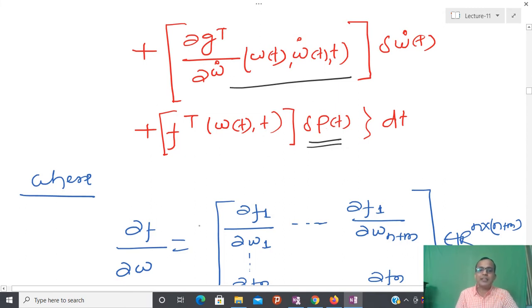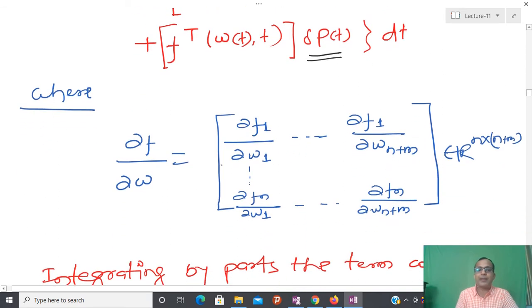Now if you see this term ∂f/∂ω, I have already told you that the dimension of f means this function contains n plus m number of functions, out of which only m are independent. So if f is f1, f2 up to fn, I have to calculate the partial derivative with respect to ω1 to ω(n+m). So the function is f and the dimension of ω is n plus m.